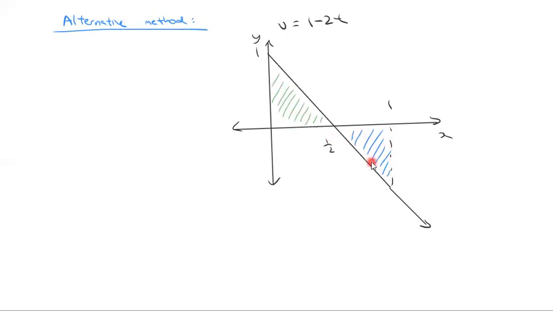So the distance would equal the green area plus the blue area. That would be half times 1 times a half plus half times 1 times a half, which just means a half again. Does that make sense?